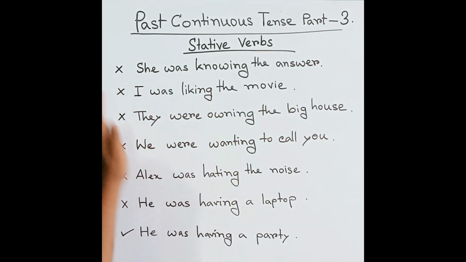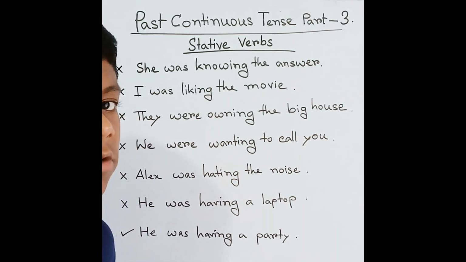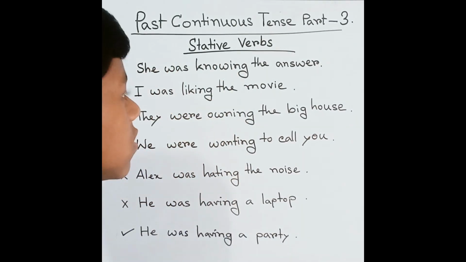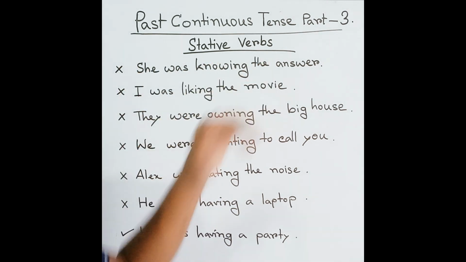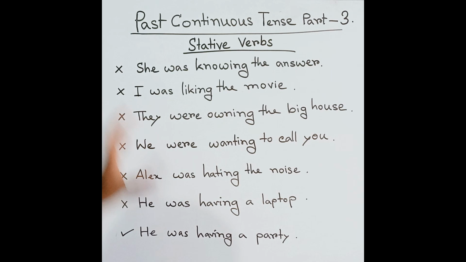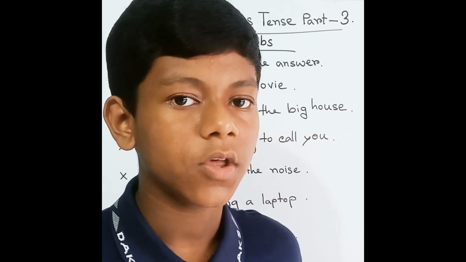Here are a few examples of stative verbs, which we can't use in the past continuous tense. First is "she was knowing the answer." These sentences are all wrong.